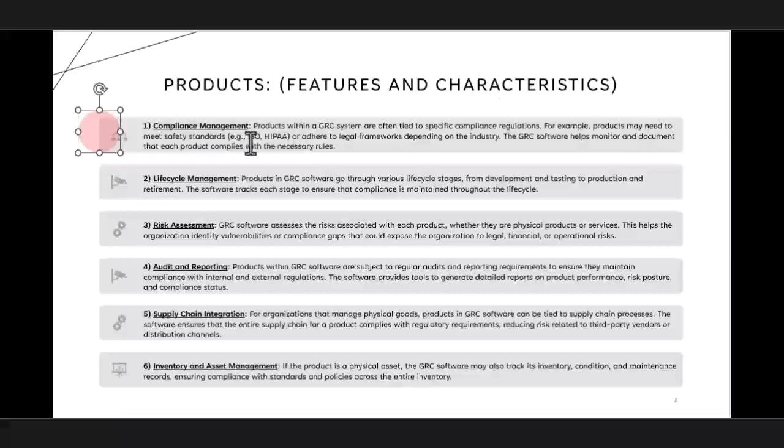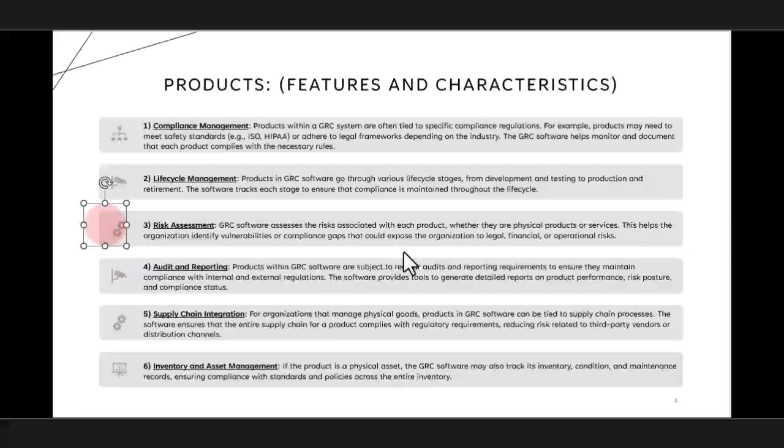For example, we know about ISO, HIPAA, or adhere to legal frameworks depending on the industry. So basically, VerityBeyond main features also represent the life cycle management of these products, different stages that they go through, risk assessments.